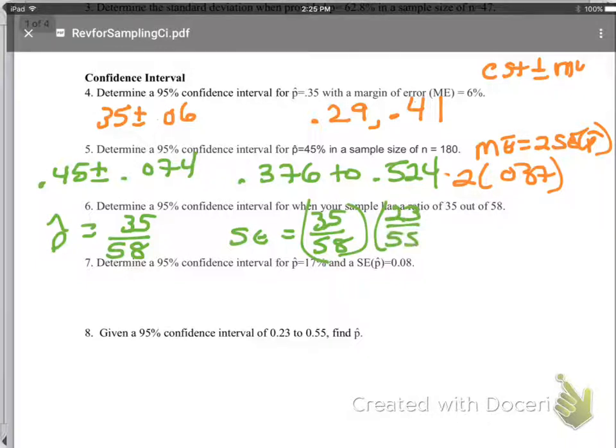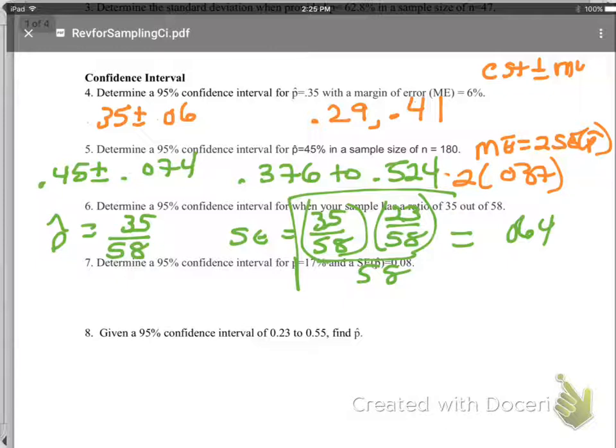So I get 23 over 58 divided by 58, and then I take the square root. And I get 0.064. Okay, so now I'm going to change my colors because I have to erase things that I have written.